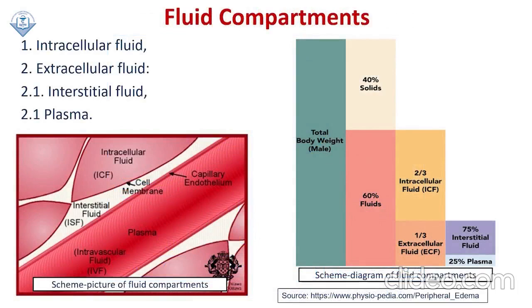You probably remember from your previous courses that fluid is accumulated in intracellular fluid and extracellular fluid. Intracellular fluid is the largest amount, 2/3 of the total fluid in our body, and extracellular fluid has two parts, interstitial fluid and plasma. Interstitial fluid makes 75 percent and 25 percent is our plasma. Its location you can see on the scheme on the left side.